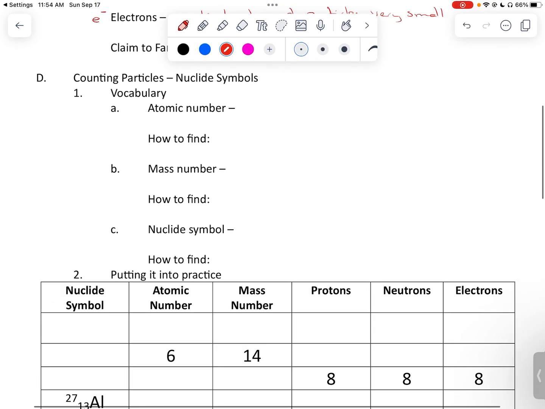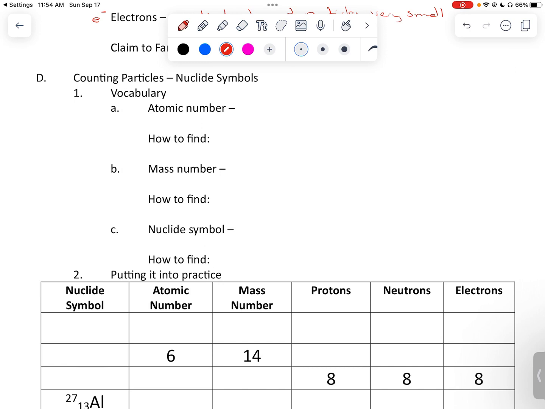All right. Now let's talk about counting particles. We've talked about what makes up an atom. Now, how do we represent a specific nuclide or a specific atom, so we don't have to write it all out, 15 protons, 15 neutrons, whatever? We're going to do that with what is called a nuclide symbol. We're going to start with the atomic number.